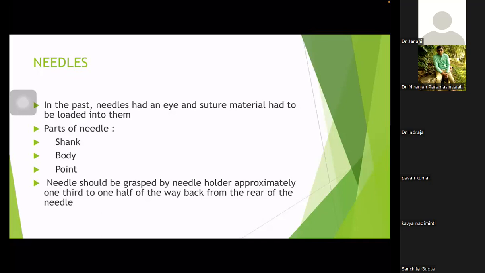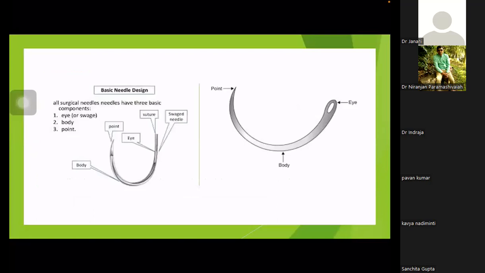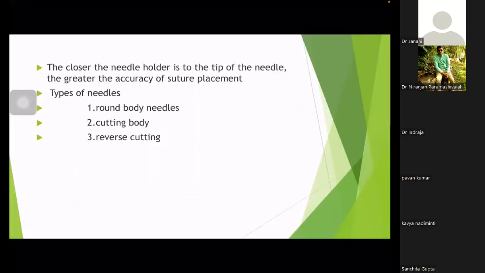Needles should be grasped by the needle holder at one third from the back of the needle. The closer the needle holder is to the tip of the needle, the more accurate the suturing will be.